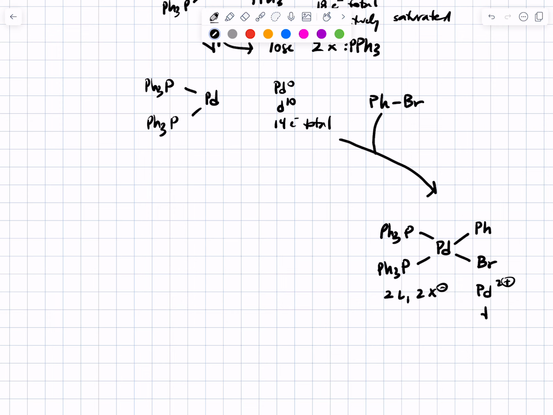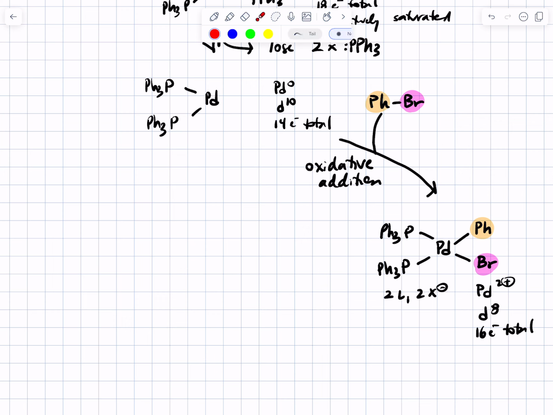That means it's d8. And we can count the overall electron count. It's 16 electrons total. That means this was an oxidative addition step. You can tell that it was an oxidative addition because 2 things on our starting material got added to the metal, the phenyl group and the bromo.